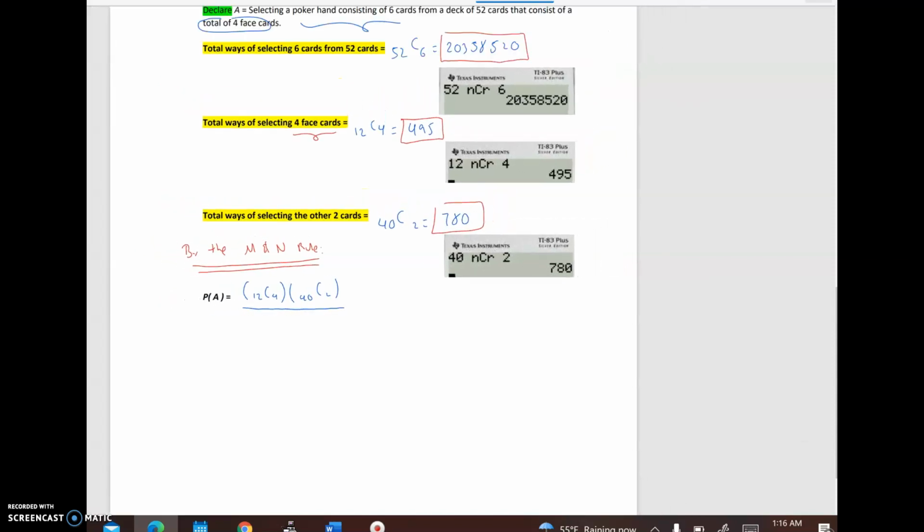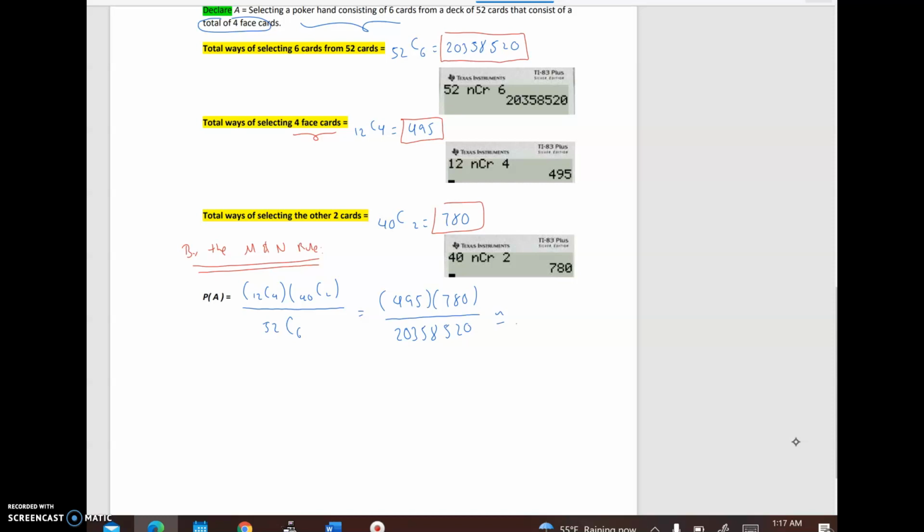Our sample space came out to be 52C6, which goes in the denominator. The 12C4 ended up being 495, and 40C2, which is the other 2 cards, is equal to 780, over that huge number, 20,358,520.